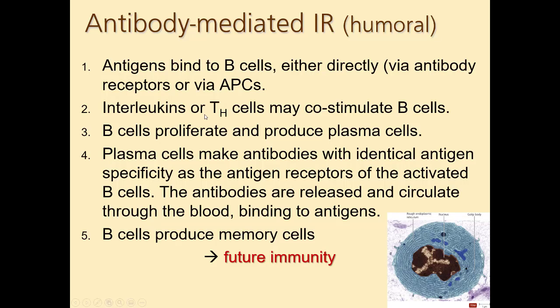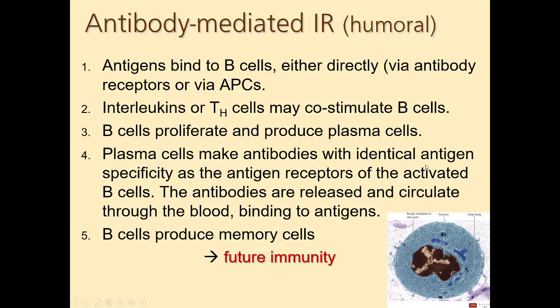In addition, as with the previous mechanism, cytokines like interleukins may be involved here in further activating other B cells to do the same thing. That transmission EM at the bottom right is showing you a plasma cell, and you can see the extensive network of rough ER with all of the ribosomes for the production of protein.